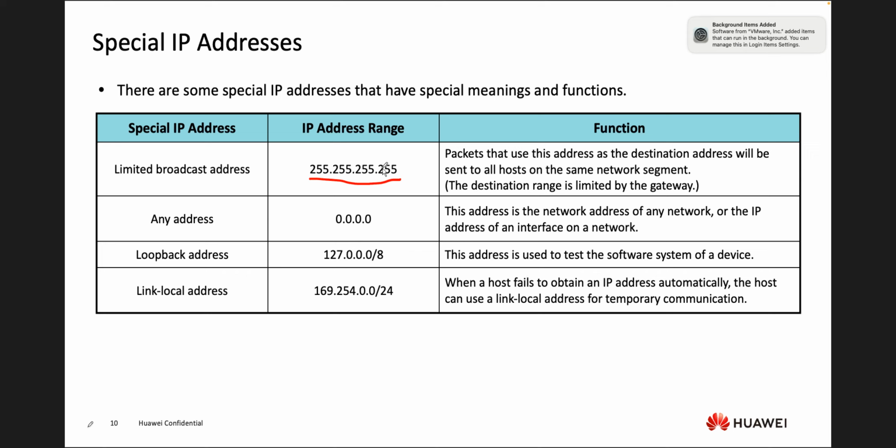And so again, they tend to block these broadcast addresses on the network. The any address is also another thing you can do. You can send to anybody, and that's when you use the any address. It's all zeros, meaning you can send to any address on the network. And the loopback is the local IP of your device or your PC. Link local, you get this when you fail to get an IP from a DHCP server. Then you get this particular IP. And that's also just an example of different IP addresses.